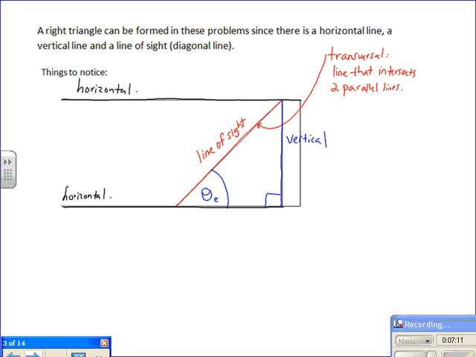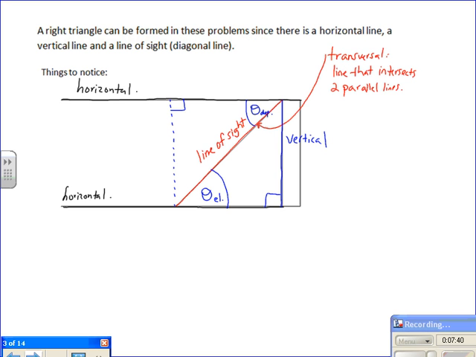And up above, if I were to connect this horizontal line with the one directly above it, I get another right triangle right here. The angle of depression is right here between the horizontal line and the line of sight. So there's my angle of depression.